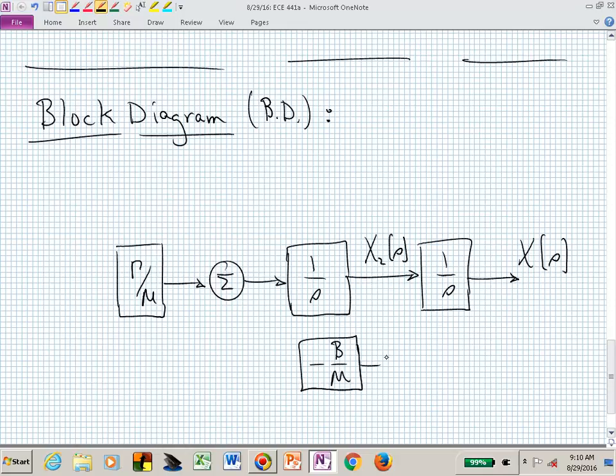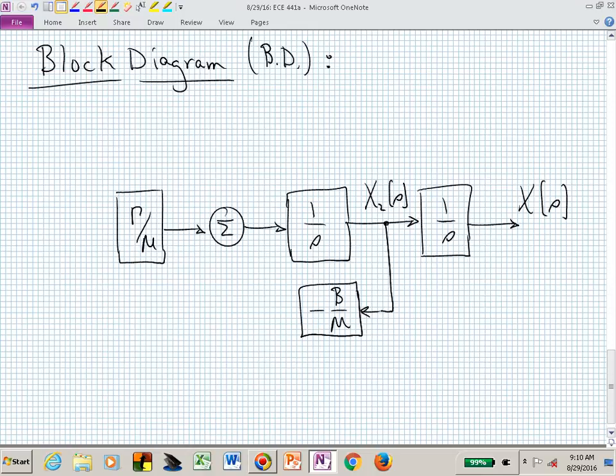And I will go ahead and absorb the negative sign into my gain so that all of my inputs to this summing junction are positive, and I don't have to label what those are in terms of their sign. But in general, if it's not labeled, you should be able to just assume that all of these have a positive sign going into that summing junction.